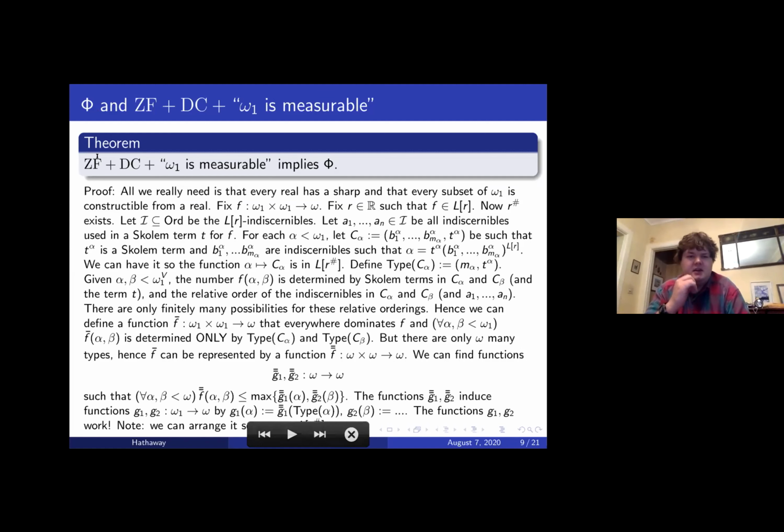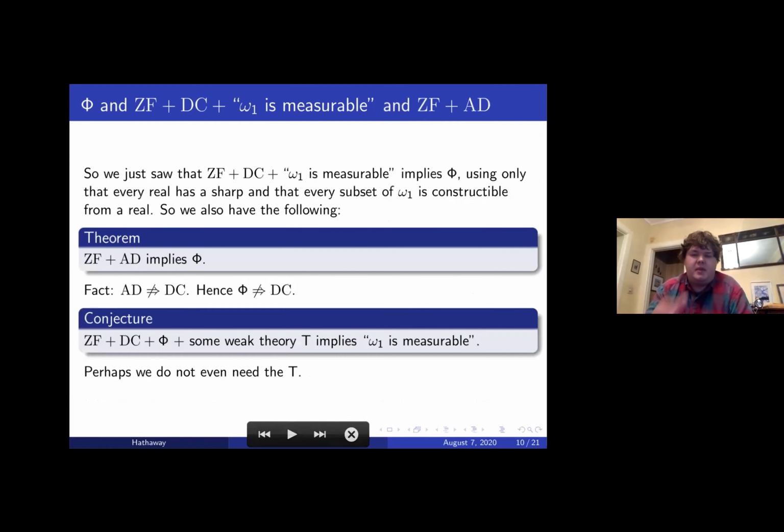The fact that I'm saying ZF plus DC plus omega 1 is measurable here just came from that theorem, which, you know, maybe it's not right now, that says that implies every real has a sharp and every subset of omega 1 is constructible from a real. The point I'm making on this slide is, even if you just have the axiom of determinacy, you still have that every real has a sharp, and you have that every subset of omega 1 is constructible from a real.